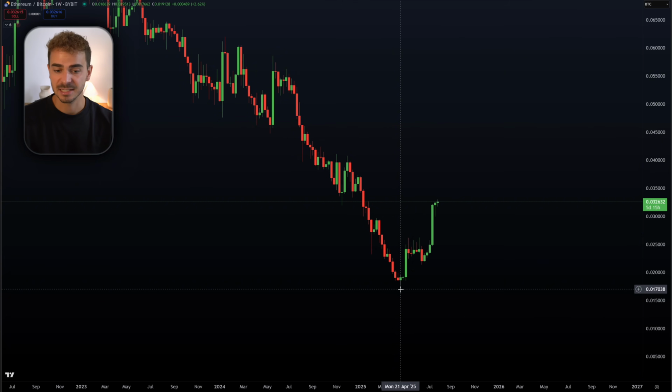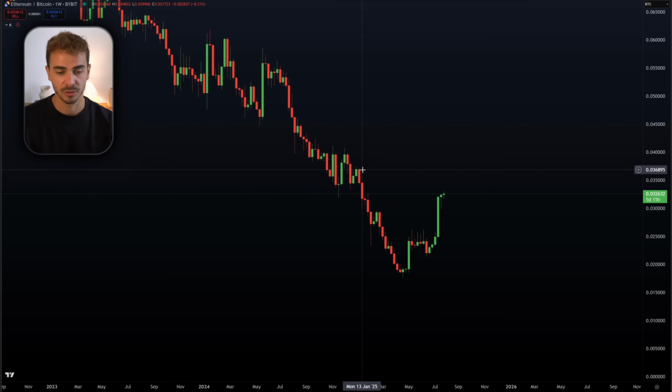We can see since April 25, Ethereum is actually outperforming BTC. Okay, so we can see this here. Price made a clean low. We made the high, higher low. This previous high is broken. So at this point, we can call this a confirmed market structure change and say Ethereum is now outperforming BTC.